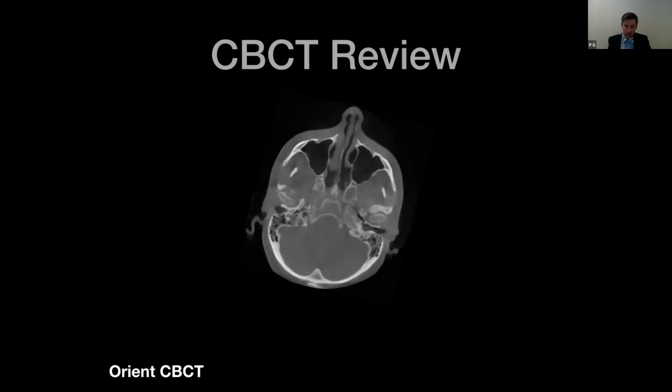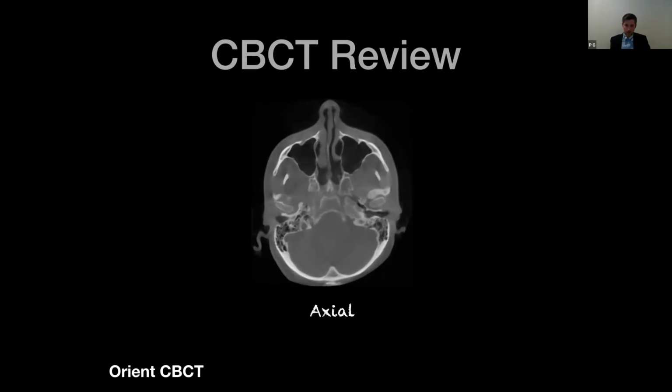And so here's an example again of an axial view scan. This patient's head is turned to the side. You can just go in your CBCT software and reposition them so it looks like they are looking forward. And this is actually really easy to do in the Romexa software.